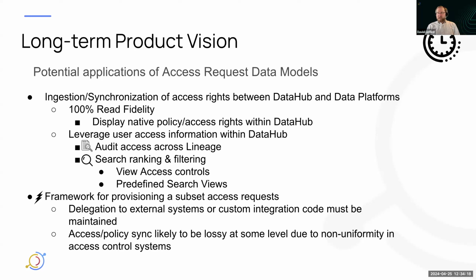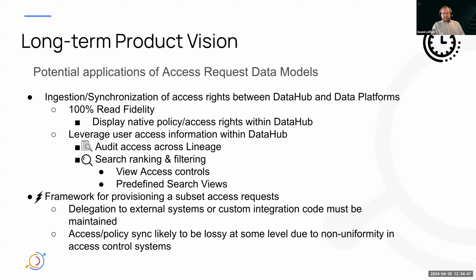We could also create search views, so predefined views that are based on showing you data sets that you have access to individually, or perhaps your group or your team, and get that curated view of what you do have access to. And one of the things that we could do as well is allow you to switch back and forth in and out of that view in case you still need to discover additional data sets that you don't yet have access to and be able to request it as well.